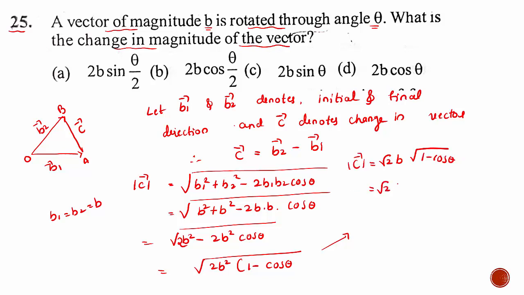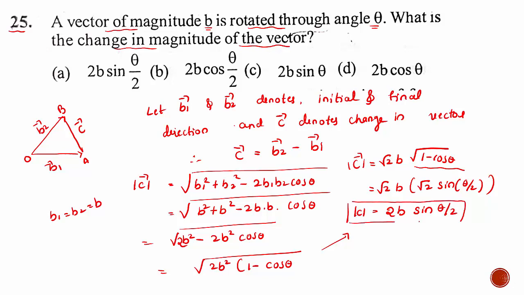Square root of 1 minus cos theta, we know the answer, is root 2 into sine of theta divided by 2, which you have studied in mathematics. Root 2 into root 2 is simply 2, and b stays as it is, sine of theta divided by 2. This is the magnitude of vector c, 2b sine of theta by 2.